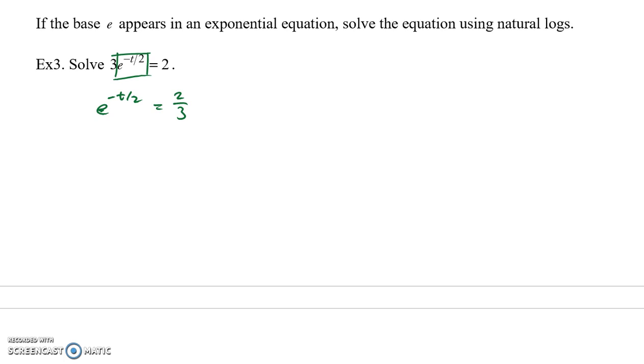Once I've isolated e to the variable power, then I apply natural logs to both sides, just as we did in our earlier examples. I'll put the 2/3 in parentheses here.